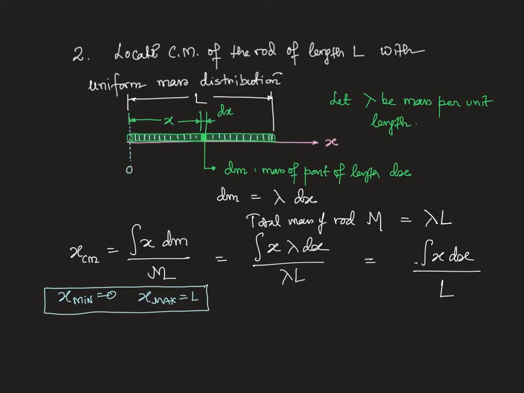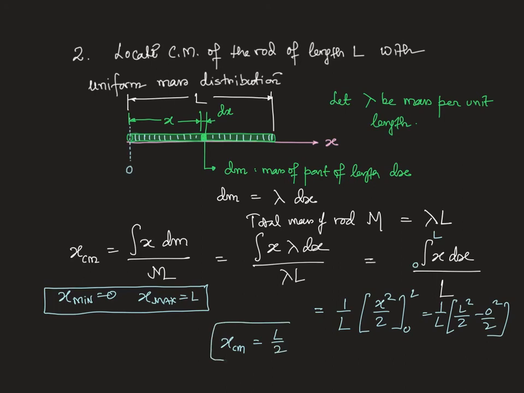So the limits I will put from 0 to L. So that means 1 by L, integral x dx is x square by 2 with the limit 0 to L. So 1 by L, L square by 2 minus 0 square by 2. So that means you get xcm as L by 2. So here, as you see, the center of mass of the rod is located at its geometrical center.